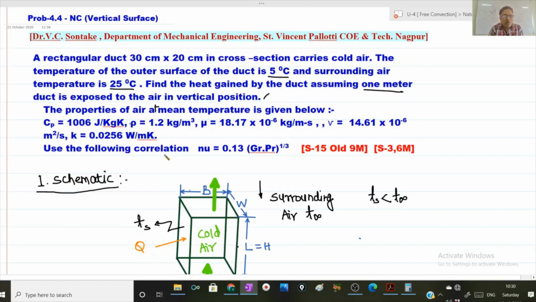Use the following correlation for Nusselt number, Nu is equal to 0.13 Gr Pr to power 1 by 3.